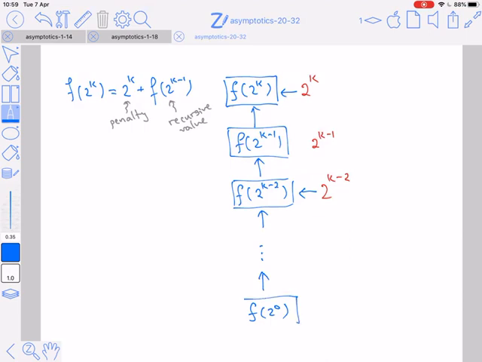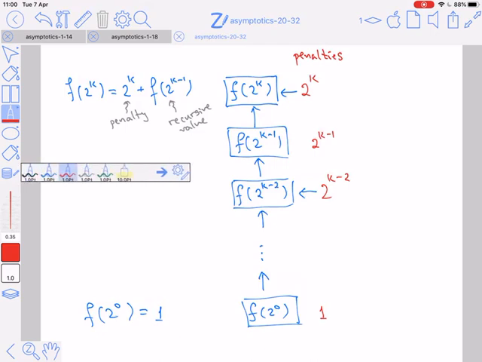This is when the recursion ends. When the recursion ends, there's only a penalty. The penalty is 1, because f of 2 to the 0 is simply 1. Okay? What do we conclude? So we have here all these penalties, and we conclude that f of 2 to the k is simply the sum of all the penalties.